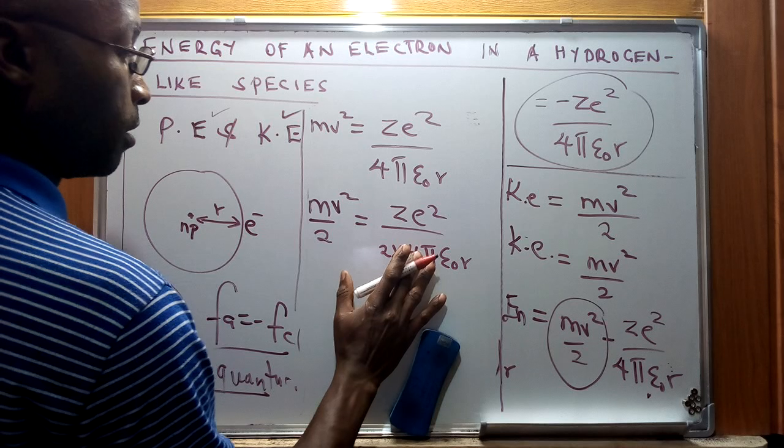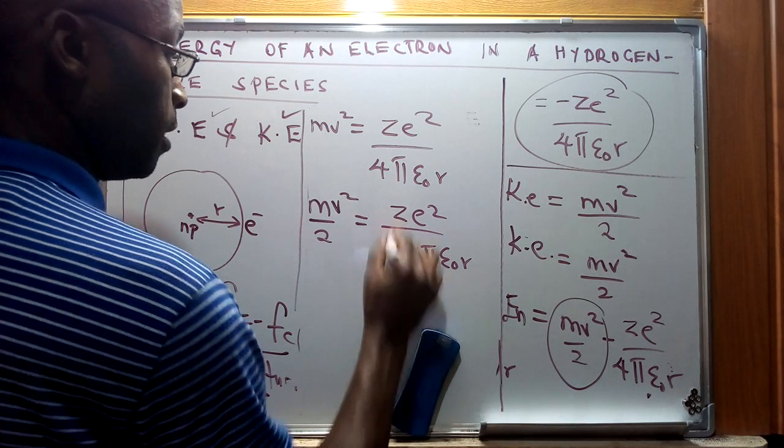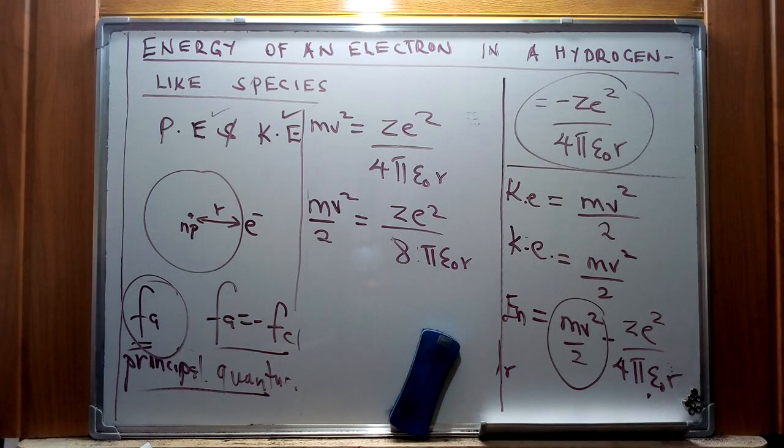So this is going to transform this particular value to 8, and that is going to be that specific relationship.